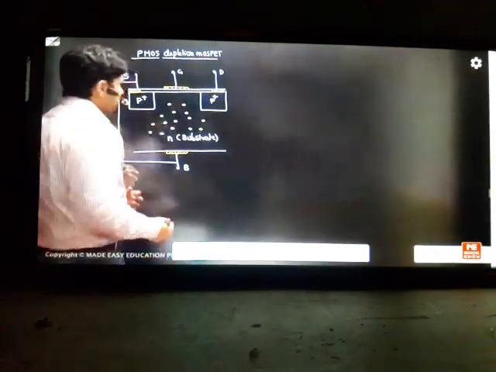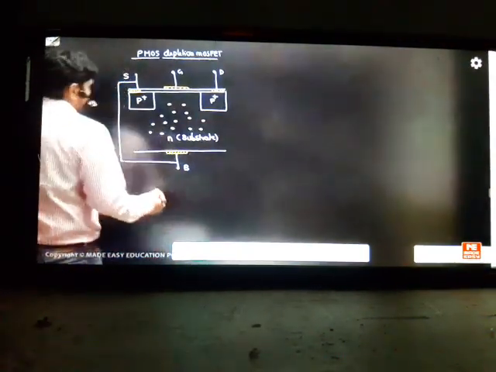PMOS, again, MOSFET theory story. So the PMOS diagram, please, depletion and enhancement. I'm trying to develop it here, try to see.